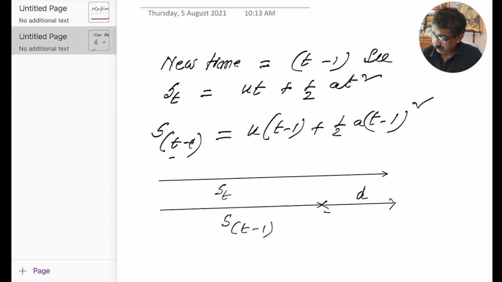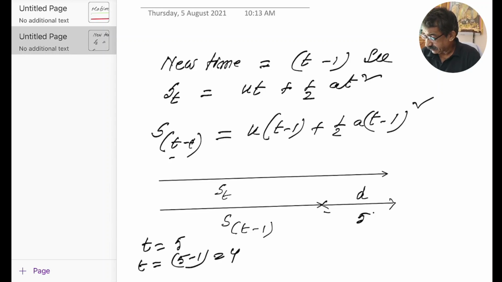That means if t is equal to 5, then t minus 1 would be equal to 5 minus 1, that is equal to 4. So during fifth second, the distance traveled by the particle is equal to d. Okay.